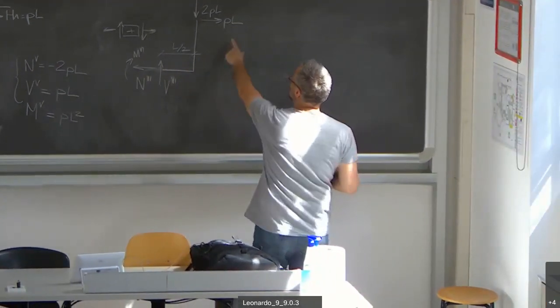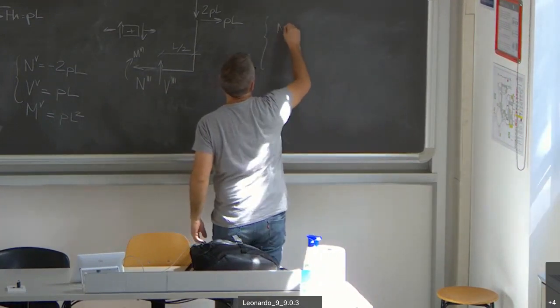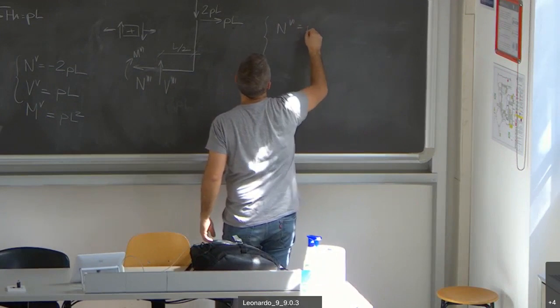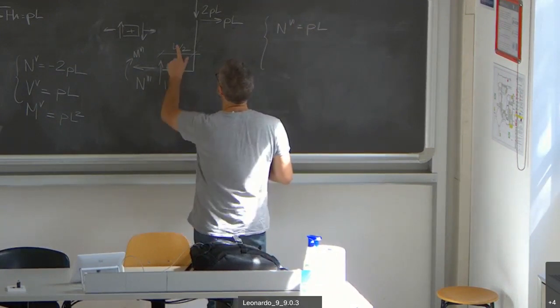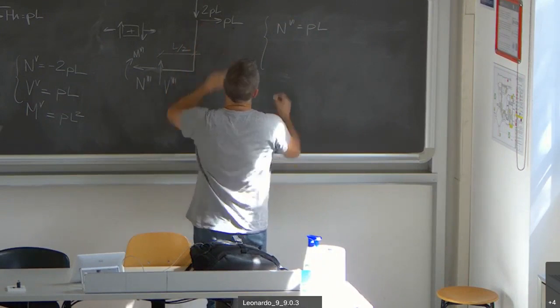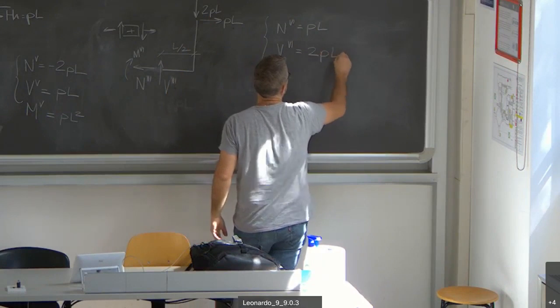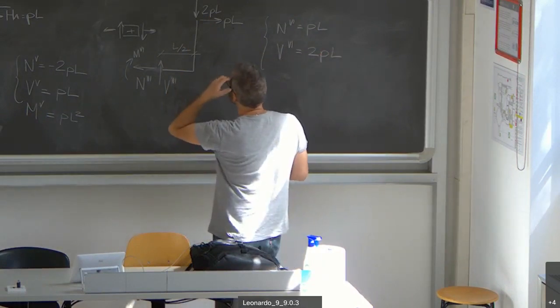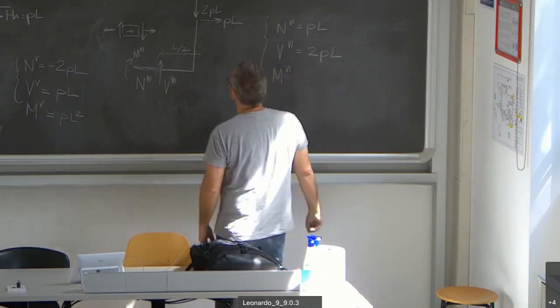N to the left, PL to the right, N6 is equal to PL. V upwards, this downwards, V6 is equal to 2PL. Then M6 is equal to what?